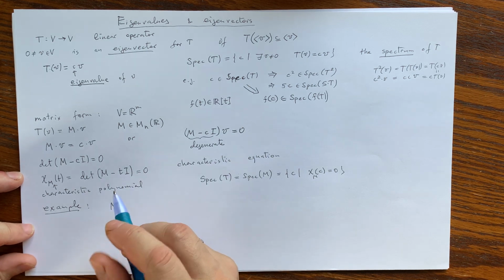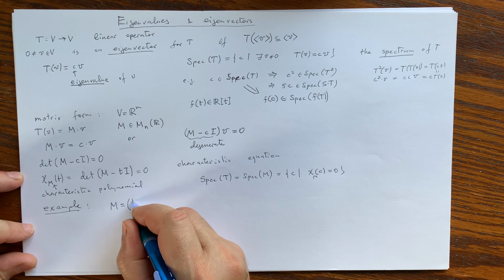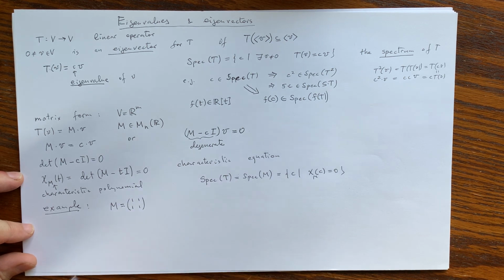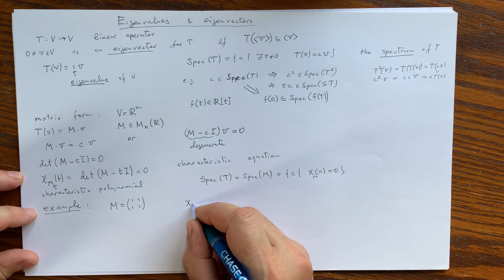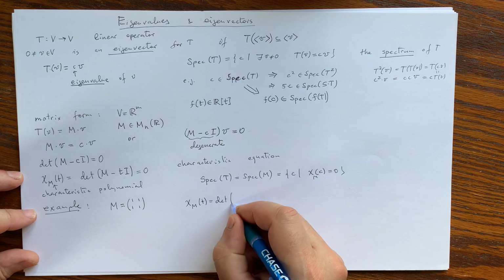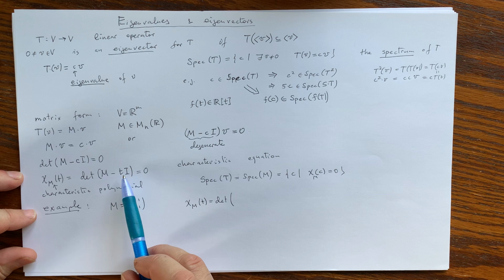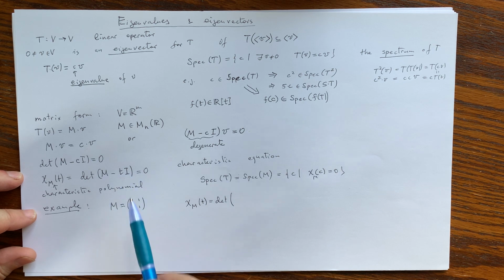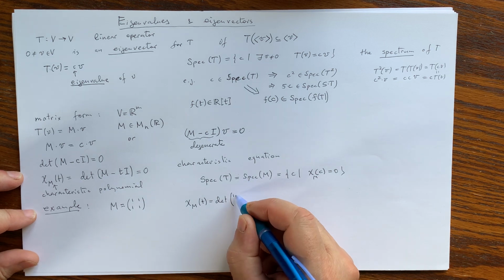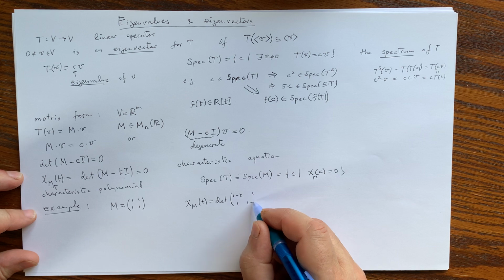Let's take an operator on a two-dimensional vector space given by this easy matrix of all ones. Then the first step is to compute its characteristic polynomial, and that is the determinant of the matrix from which we subtract the identity times t. So that is just subtracting t from diagonal entries, because that's where non-zero entries of the identity matrix are.